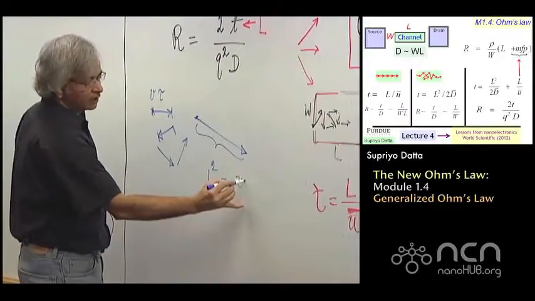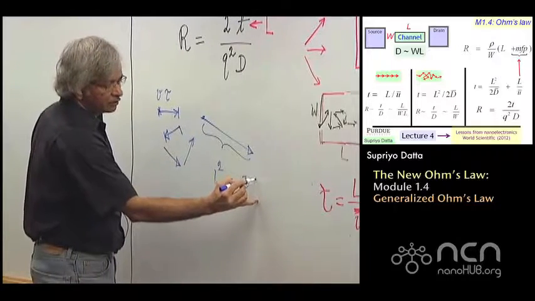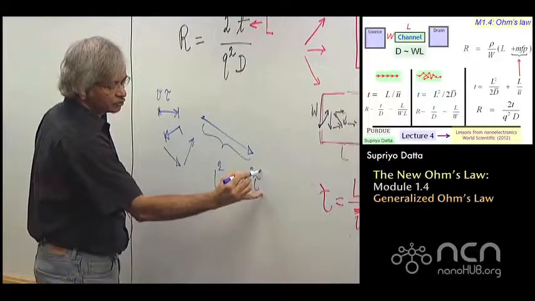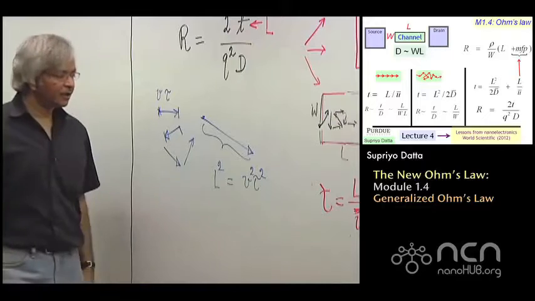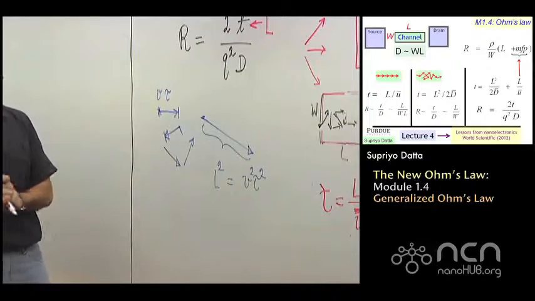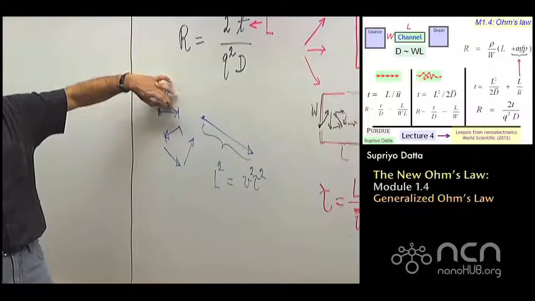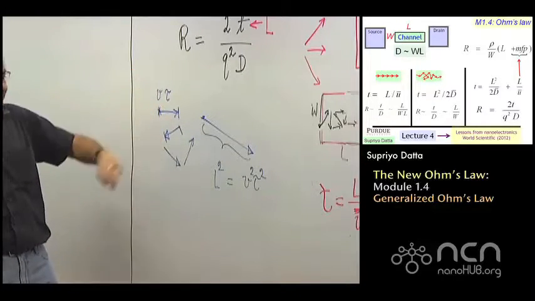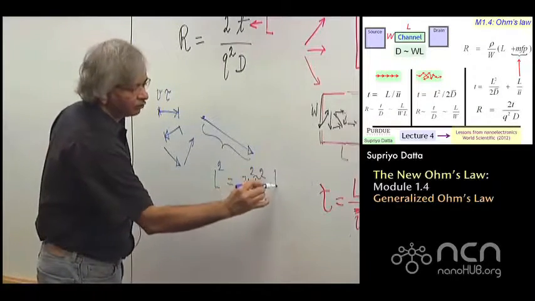So each one has a magnitude of v tau. So that's like v squared tau squared. That's the magnitude. And how many of them do I have? Well, if the total time is t and mean free time is tau, then the number of individual vectors I have is like t over tau.